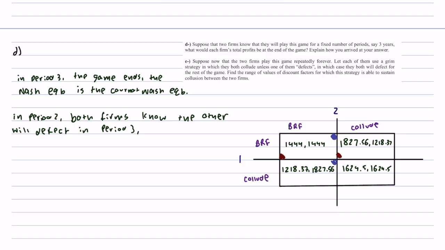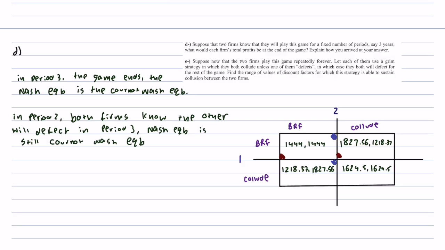They're both going to work non-cooperatively because they know that in the third period, they're not going to work cooperatively either, right? So in period 2, both firms know the other will defect. In period 3, we know that Nash equilibrium is still the Cournot Nash equilibrium, which is where both firms play their BRF, right? Which is right here.